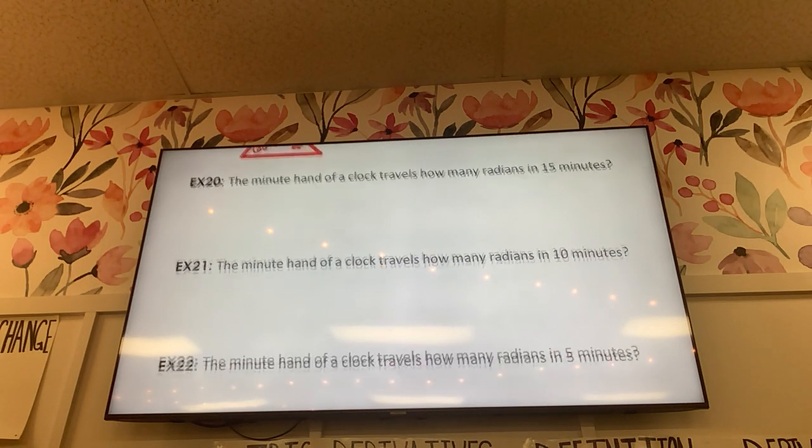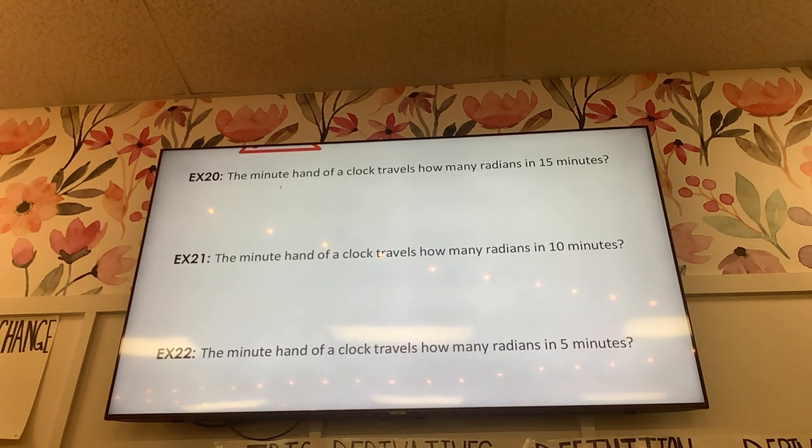So, on 20, it says the minute hand of a clock travels how many radians in 15 minutes? So, your minute hand, you go like 0, and I don't really know. So this would be negative?